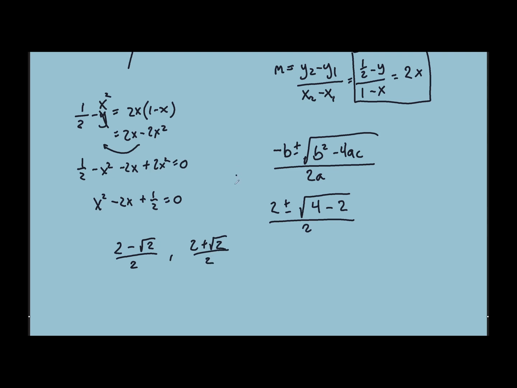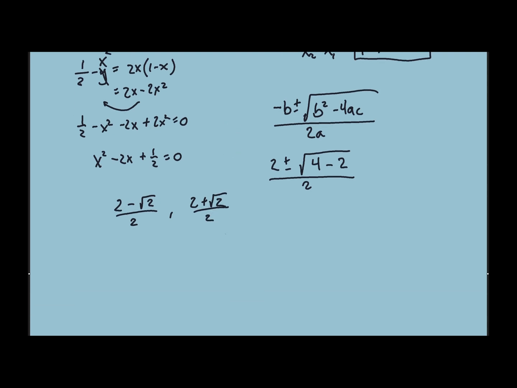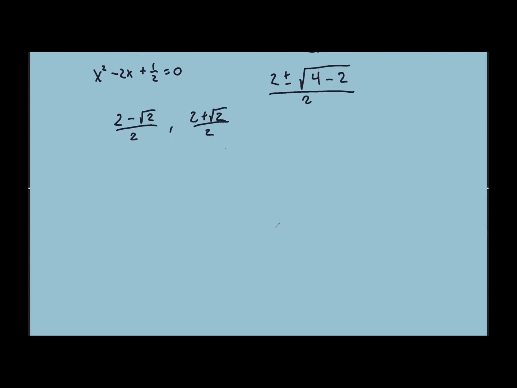So one of these is going to be the value that we want. We can simplify this. Feels like we're getting close now. To 1 minus root 2 over 2 and 1 plus root 2 over 2. Root 2 over 2 is something you should know from trig a lot. It's about 0.7.